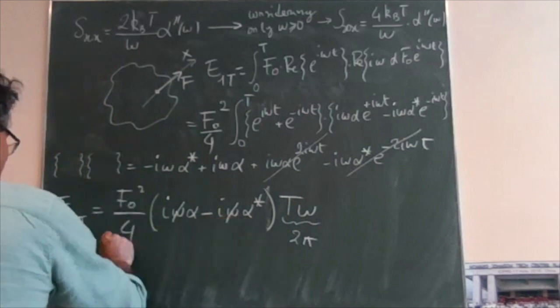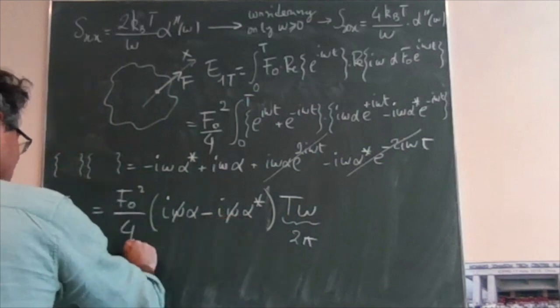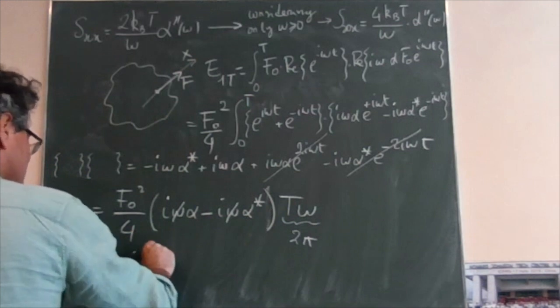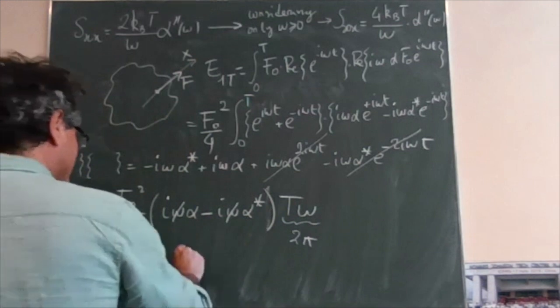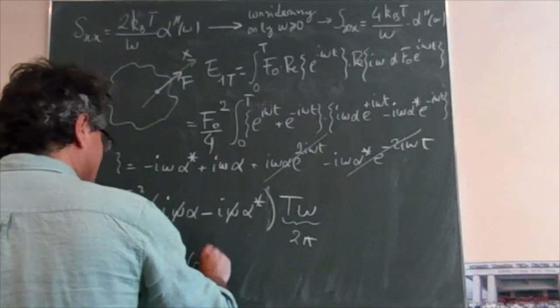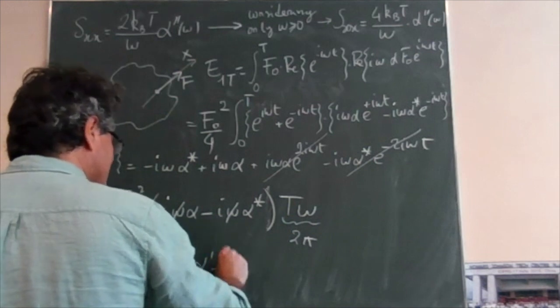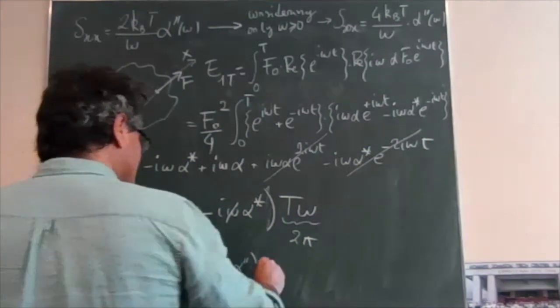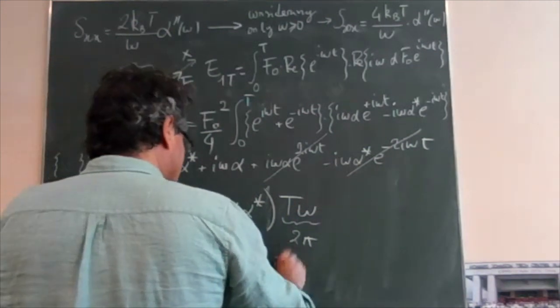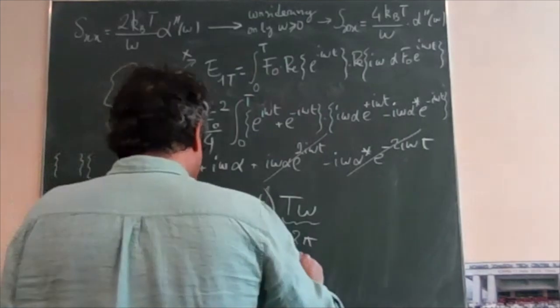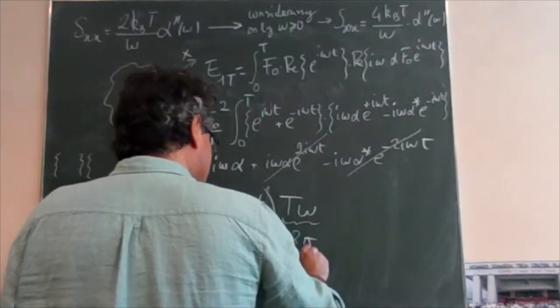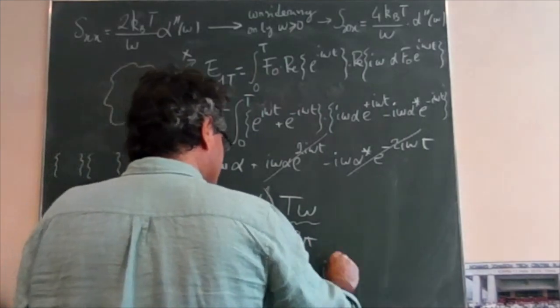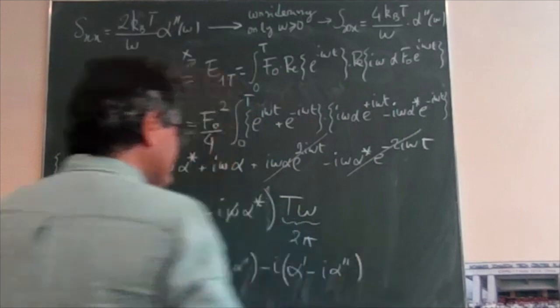So i alpha minus i alpha star is equal to i alpha prime plus i i alpha second minus i alpha prime minus i i alpha second.